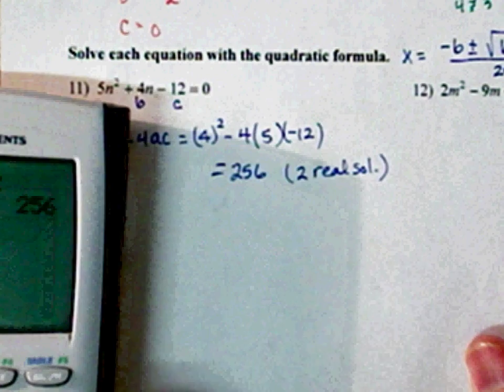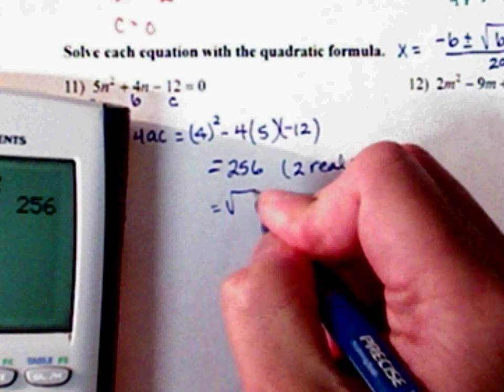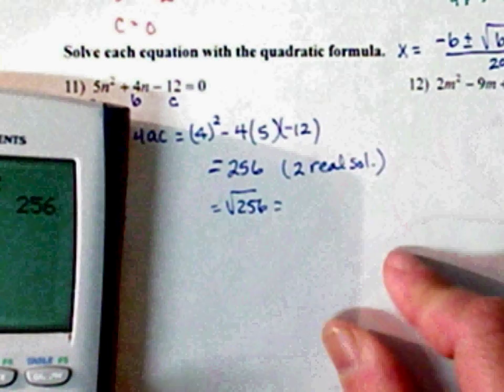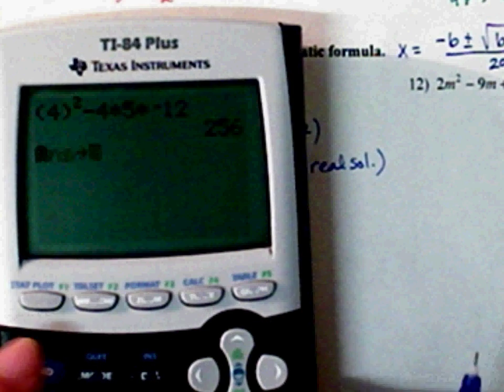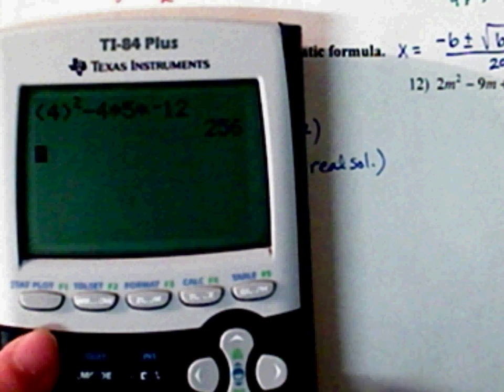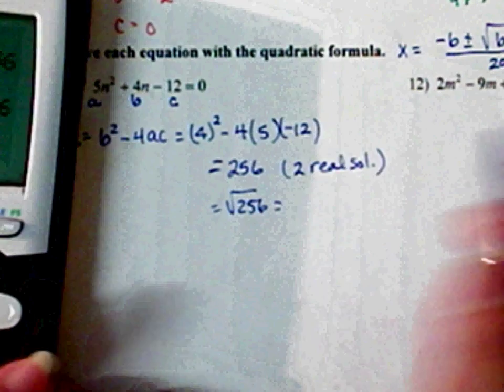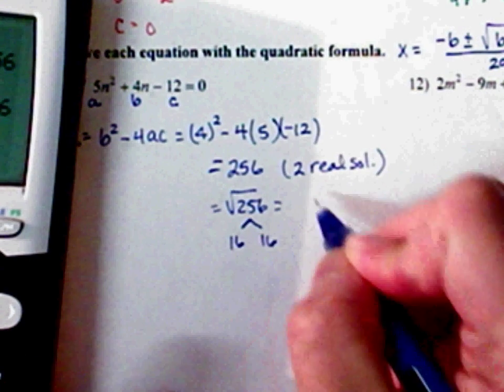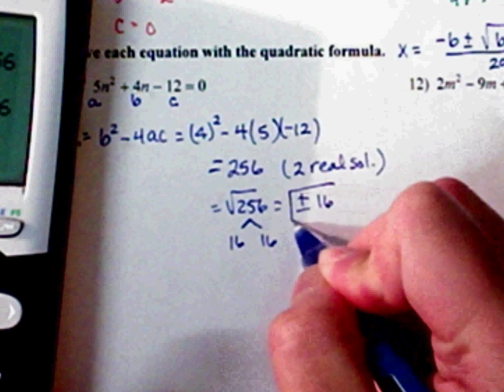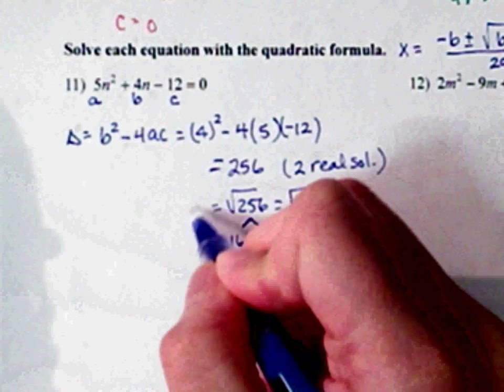And now you need to take a square root of 256. Notice you have a whole number. That's kind of like saying 16 times 16, so this is plus or minus 16. This is your delta.